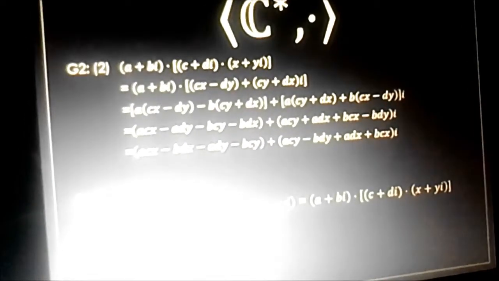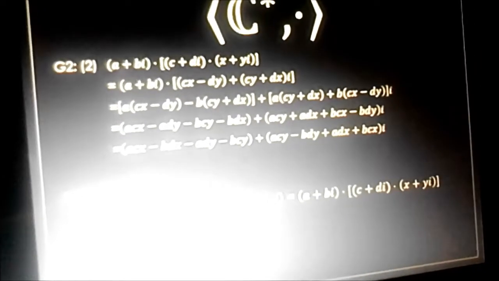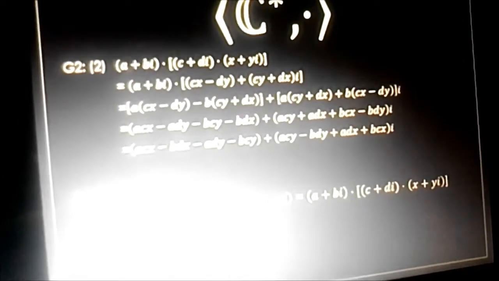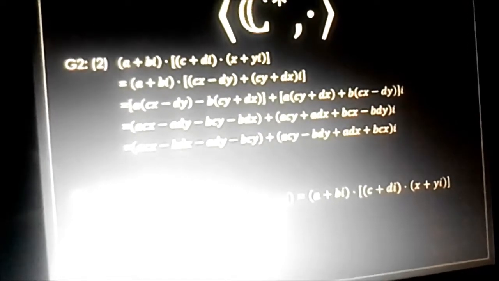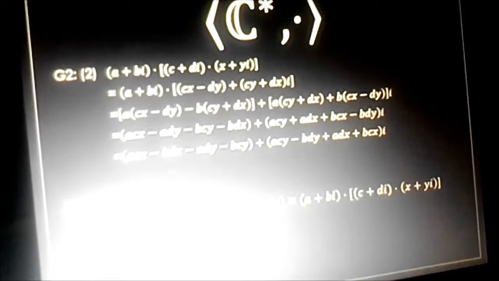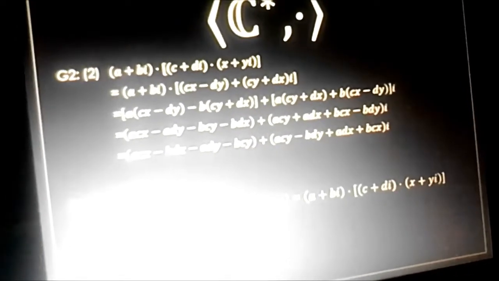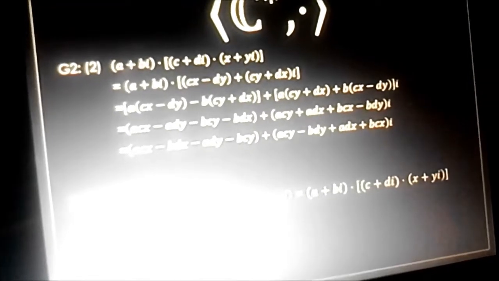So for our final answer, it is equal to acx − bdx − ady − bcy for the set of real numbers, and acy − bdy + adx + bcx multiplied by i for the complex numbers.